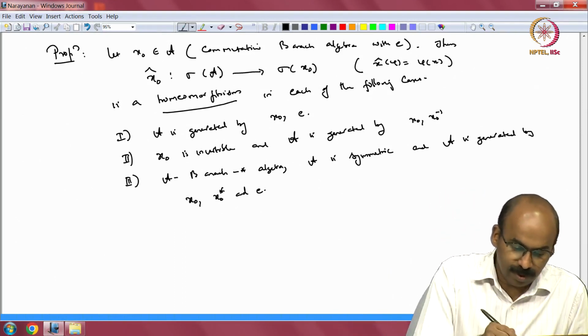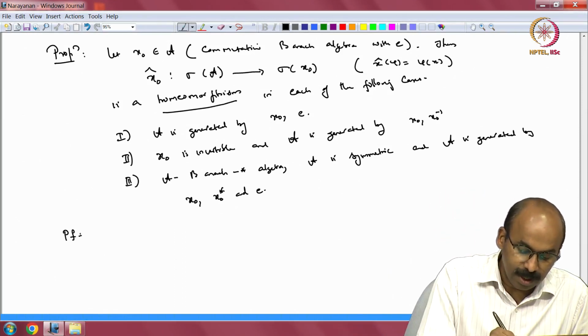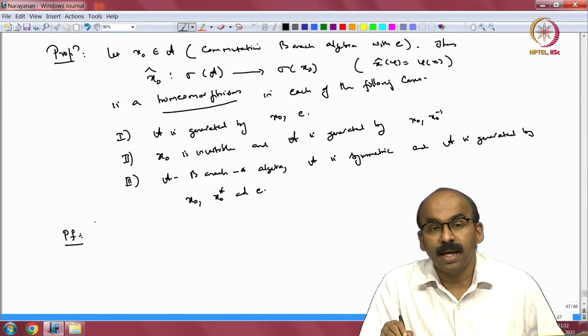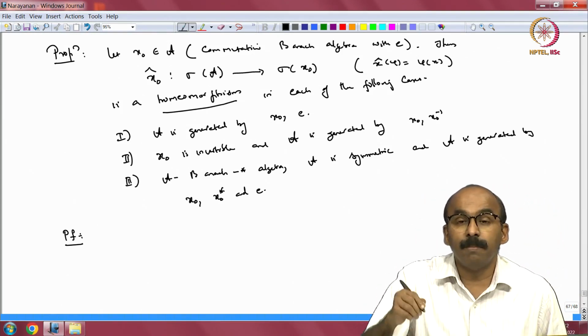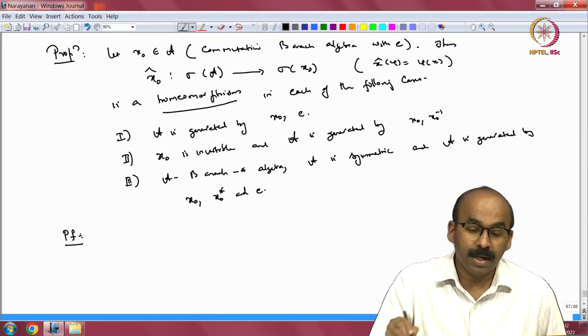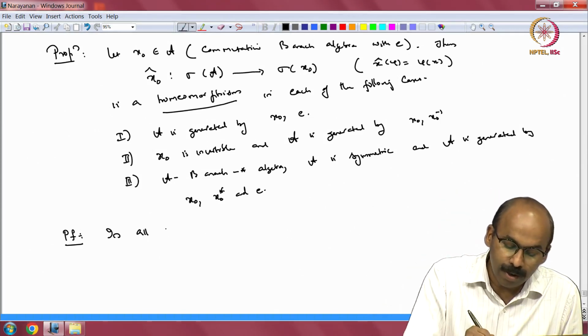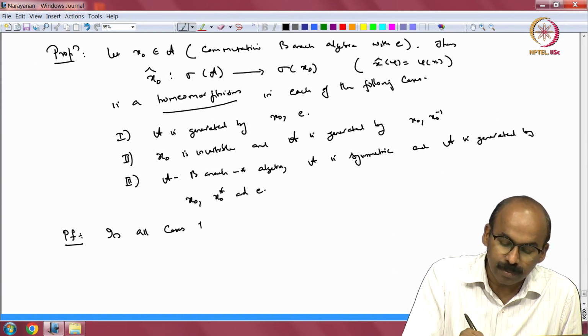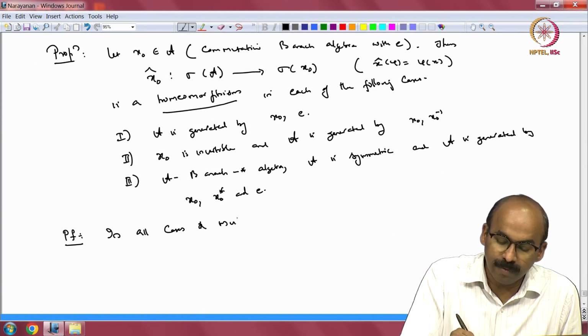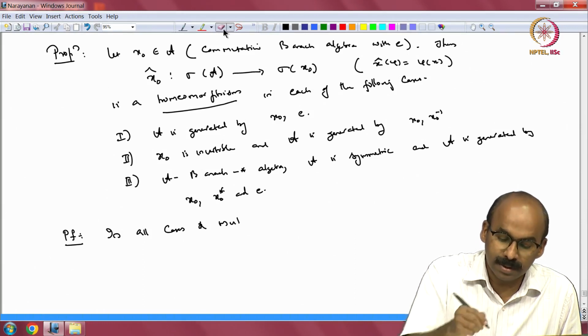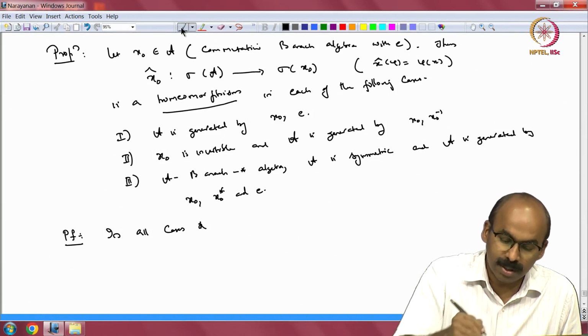So, the proof is sort of one line, because in all these three cases the multiplicative linear functional is completely determined by its action on x naught. That is the key word in all cases. Multiplicative. So, let me write, just use the notation so that it is easy.